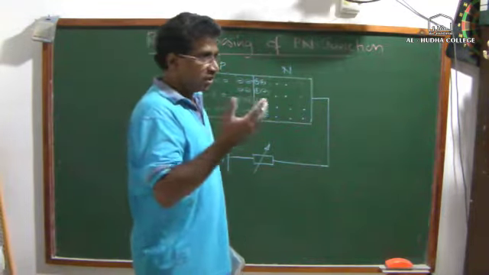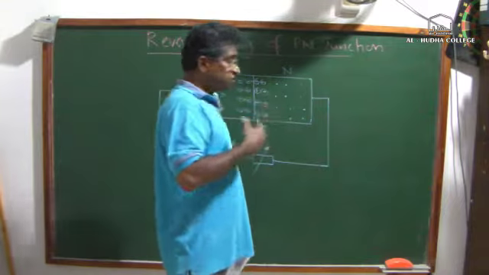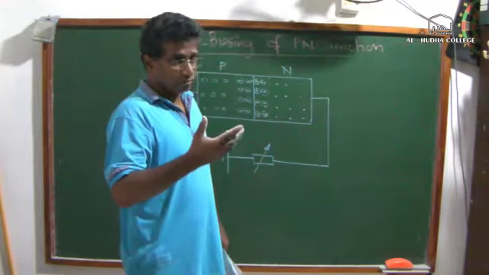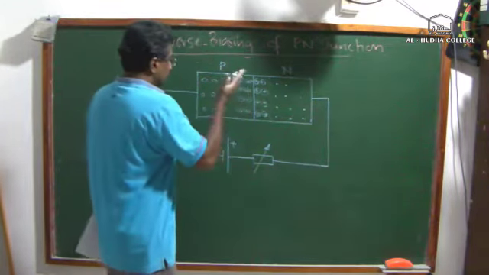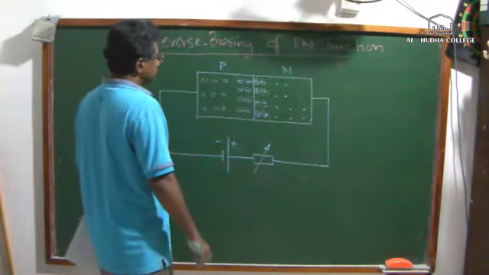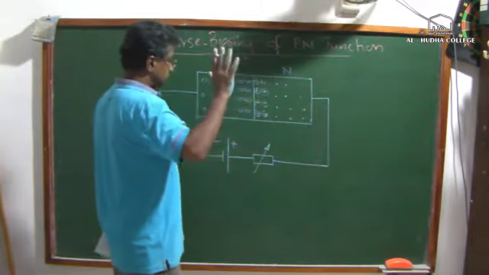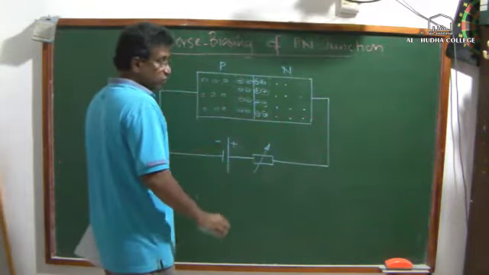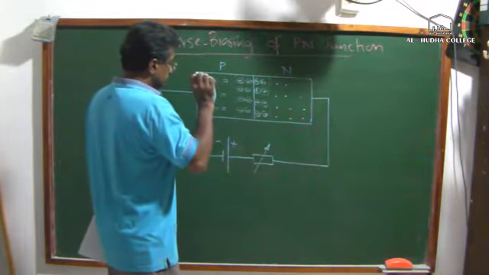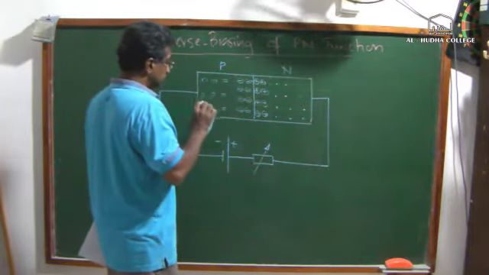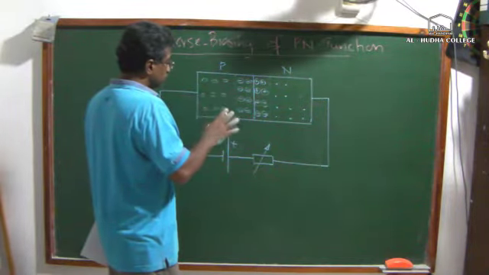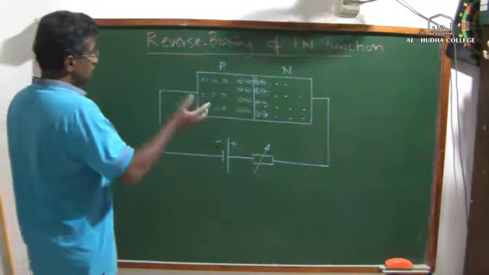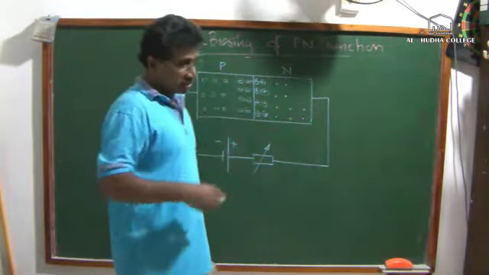The actual majority carriers will start conducting when the barrier potential is overcome. So here the reverse biasing will increase the depletion region, and it will never conduct except for a very small amount of reverse saturation current formed by minority carriers. So we can now compare these two conditions.